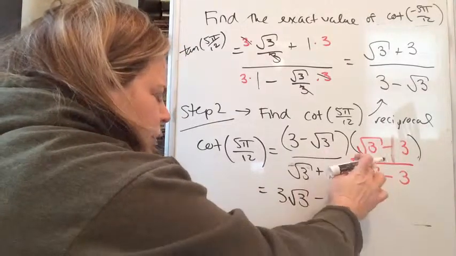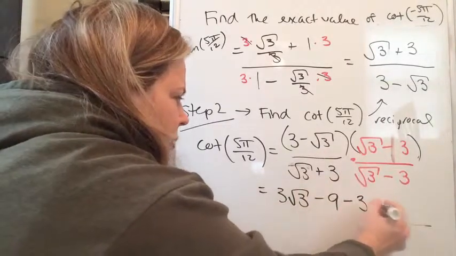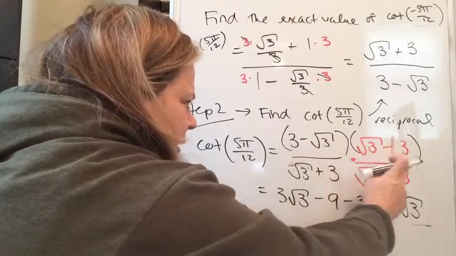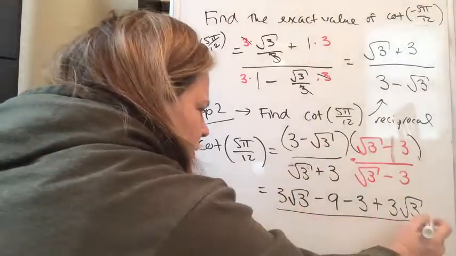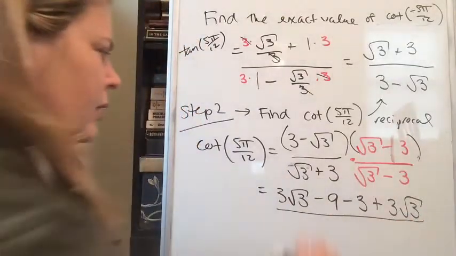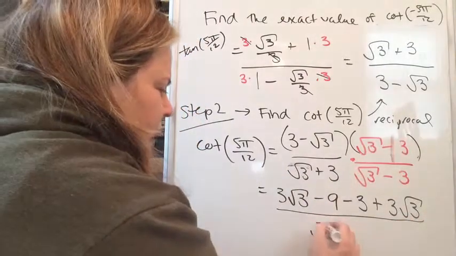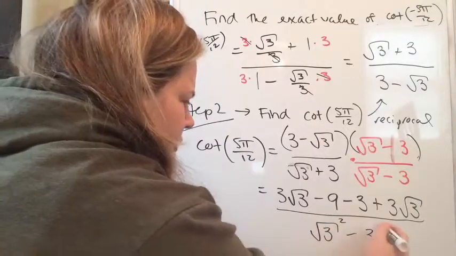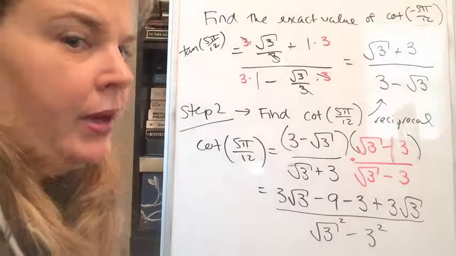Negative square root of 3 times square root of 3, that's negative 3, plus 3 times radical 3, right? A minus and a minus makes a plus. 3 times radical 3. All over, what's in the denominator? Well, remember this is the conjugate, so it's the first term squared minus the last term squared. I mean, you could FOIL that out, but you'll see you'll get that.